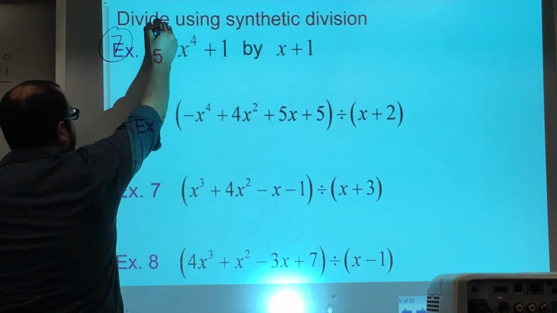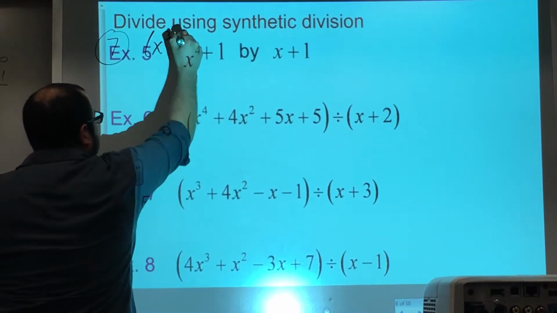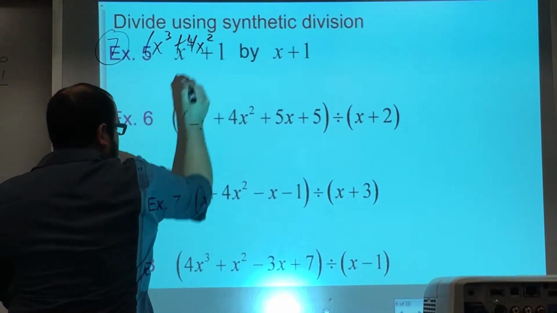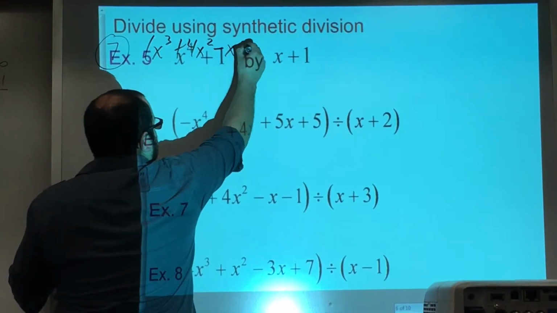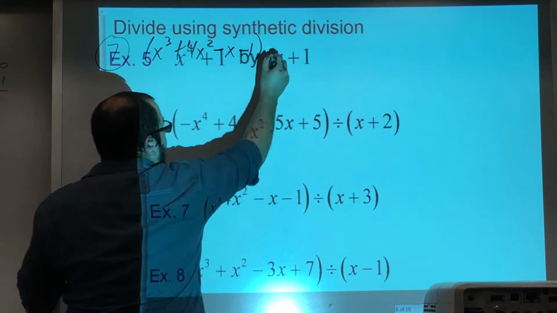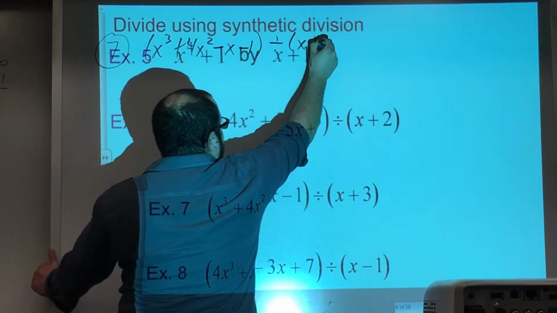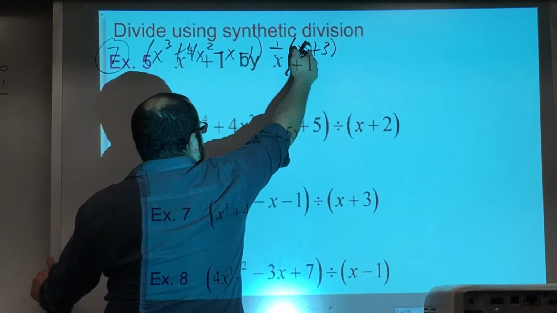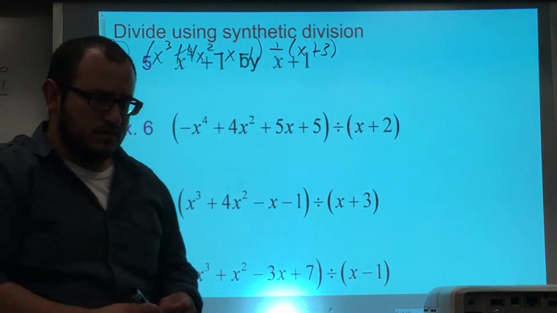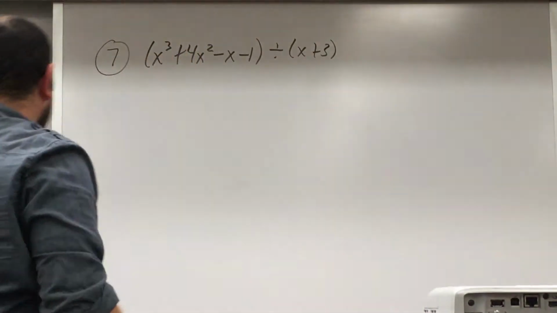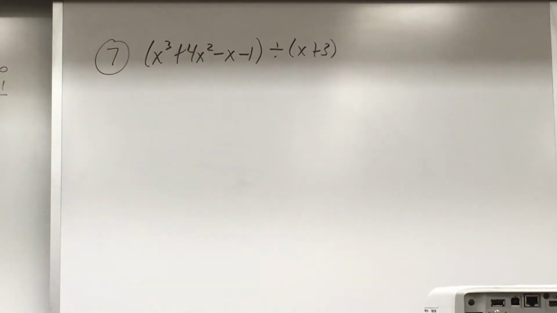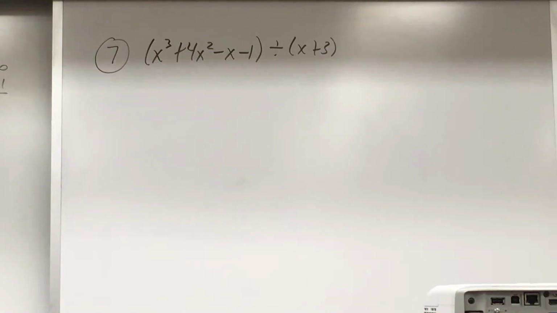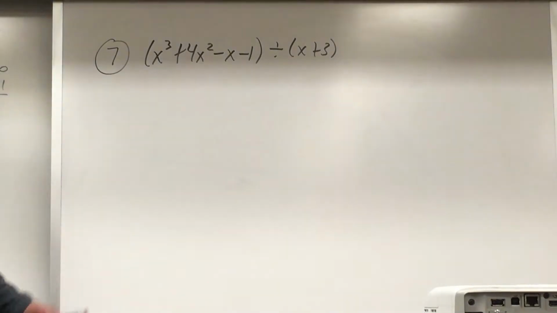So we have x cubed plus 4x squared minus x minus 1 divided by x plus 3. And again, if you notice, there's a degree of 1. Alright, so let's go ahead and use synthetic substitution.